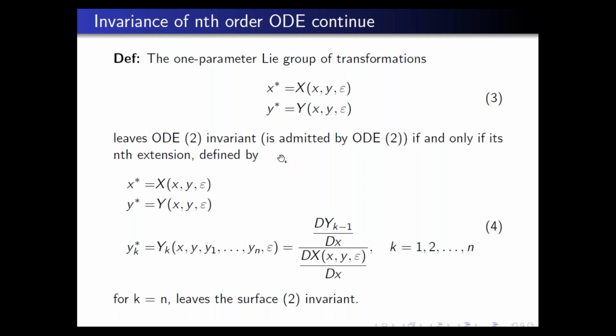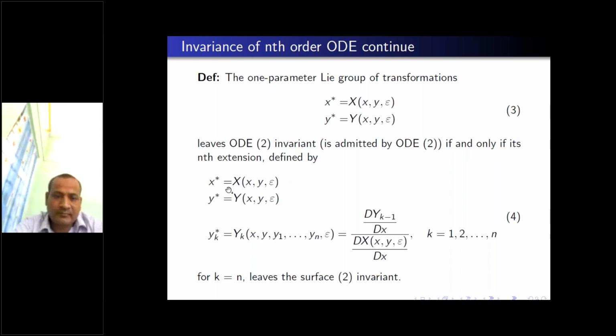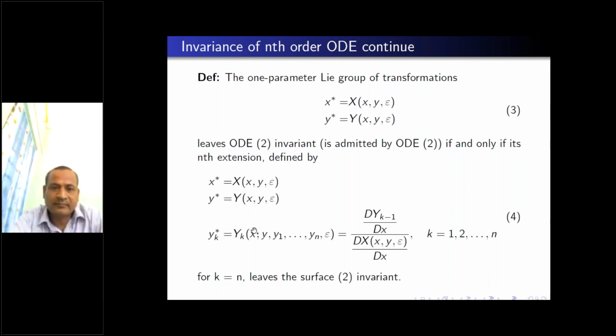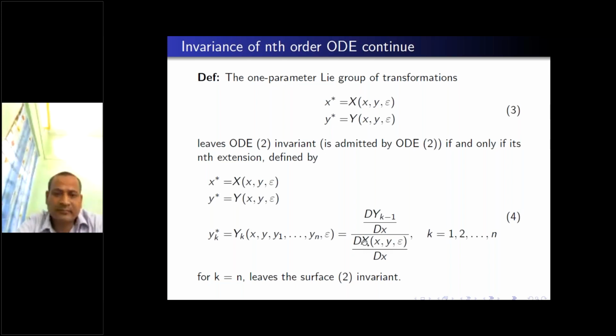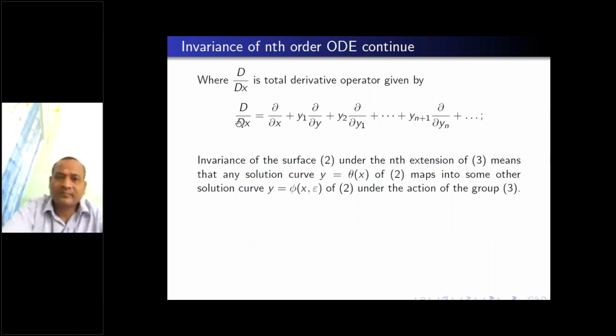It leaves ODE (2) invariant, or we say it is admitted by ODE (2), if and only if its nth extension, defined by x star equal to X(x, y, epsilon), y star equal to Y(x, y, epsilon), y_k star, that is Y_k, defined by the total derivative of Y_{k-1} divided by the total derivative of X, for k equal to 1 to n, leaves the surface (2) invariant, where D by Dx is the total derivative operator given by D by Dx equal to partial derivative with respect to x plus y_1 times partial derivative with respect to y, plus y_2 times partial derivative with respect to y_1, and so on up to y_{n+1} times partial derivative with respect to y_n.